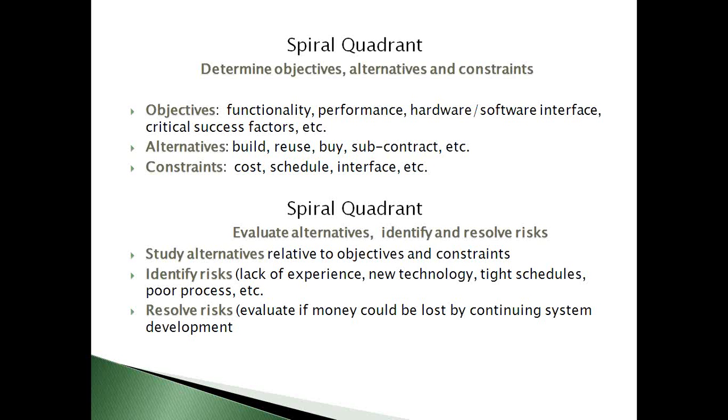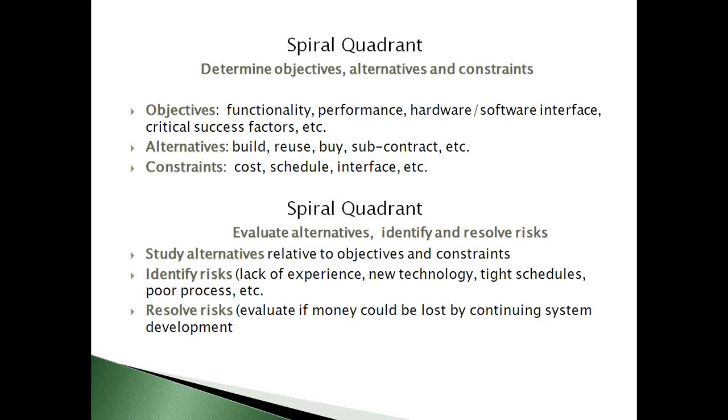Identifying the risks means what will be the lack of experience, what type of risk we are going to face when we implement new technology, and if we have any tight schedules in the development process, what type of risks we are going to handle. All these constraints come under identify risk.